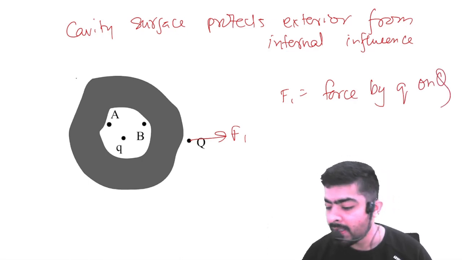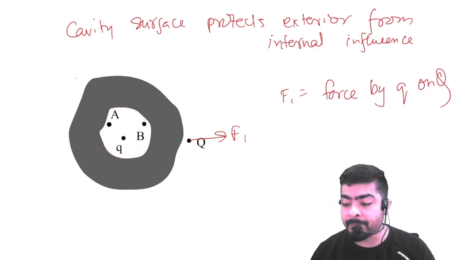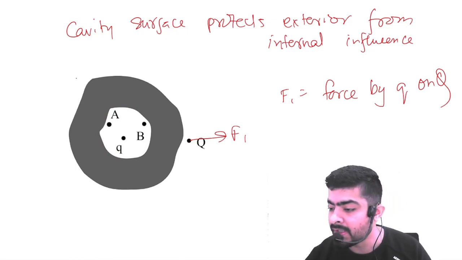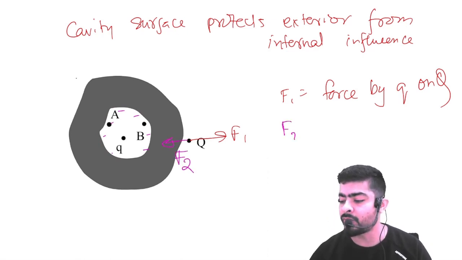Right. Then the charge on the inner surface will oppose small q. That means the inner surface having some negative charge will apply force on q in the opposite direction. So F2 is what?